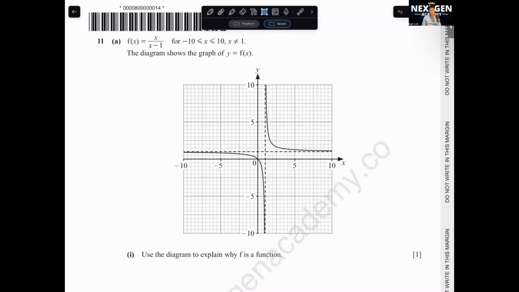Remember this thing called a horizontal line or vertical line test. That means you take a ruler, you need to draw a horizontal line or a vertical line to check whether it is a 1-to-1 function. Okay, for this case, what we can write as the reason is this.